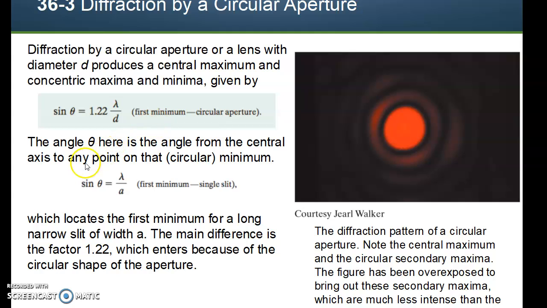This angle is measured from the central axis to the first minimum, which for a long, narrow slit of width a is located differently. The main difference is the factor 1.22, which enters because of the circular shape of the aperture. So this is a key difference. If you've got a circular aperture, you have to include this factor.